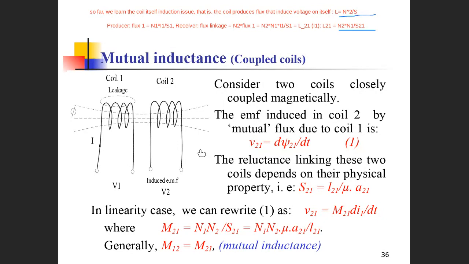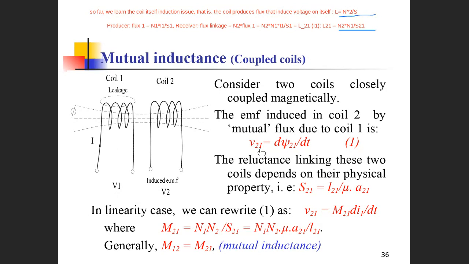Now, based on these comparisons, it is easy for you to understand the relationship of the two coils, the coupled coils. When you have two coils, one coil is driven with current I1, voltage V1, and produces flux phi 1 that comes into coil 2. Therefore, coil 1's flux coming to coil 2, changing with time, induces voltage on coil 2.